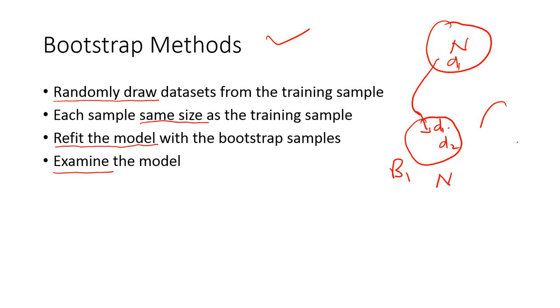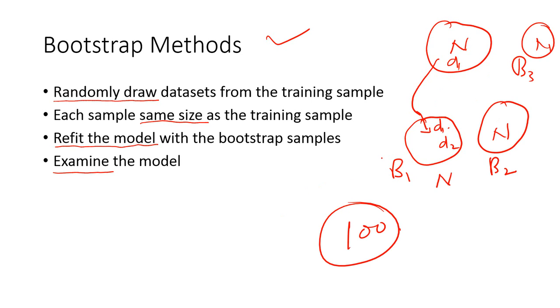Similarly, you can have Bootstrap sample B2, which will again have n data points, Bootstrap sample B3 with n data points, and so on. Let's say you have 100 such Bootstrap samples. Then you refit your model.